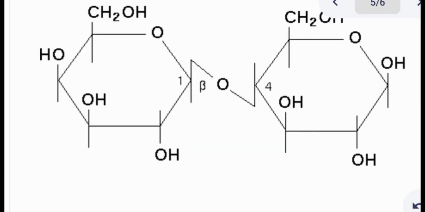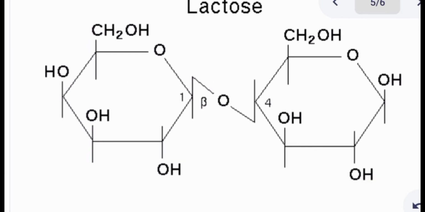Now, going to lactose. You can see this is the glucose molecule, and this is the galactose. So, as already indicated, at position 1 of galactose, the OH was probably up here, then the glucose was here.